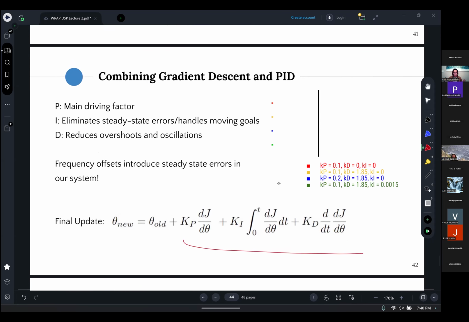And so this will allow us to handle a frequency offset, where there's going to be a steady state error. Our goal is always going to be moving, so this is going to help us get to that goal as soon as possible and stick there.